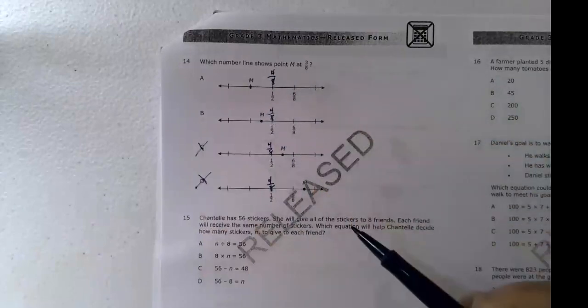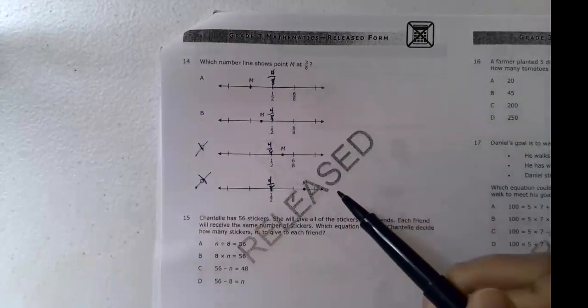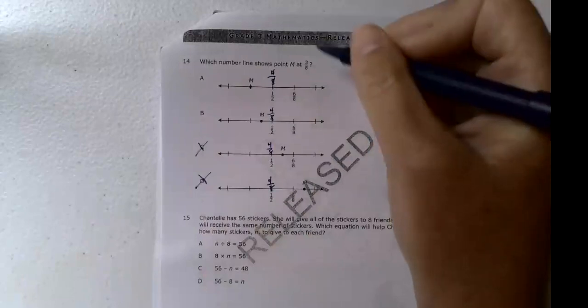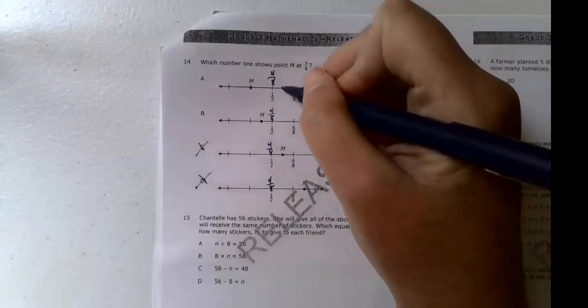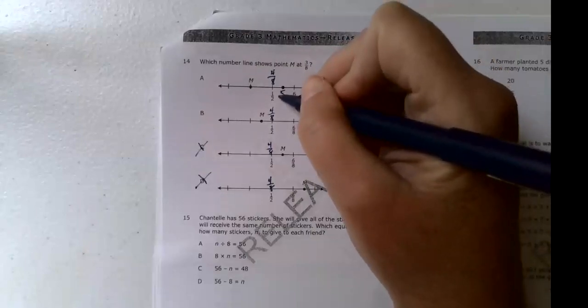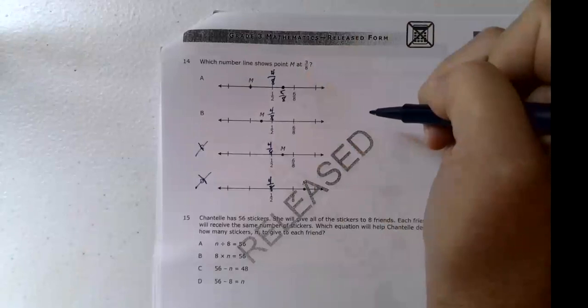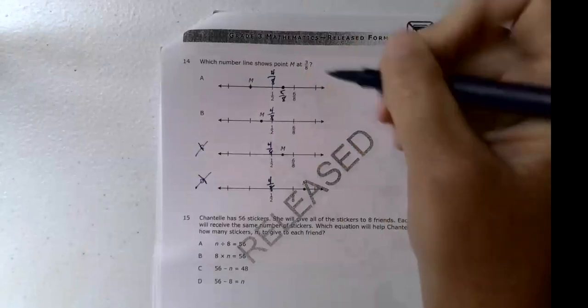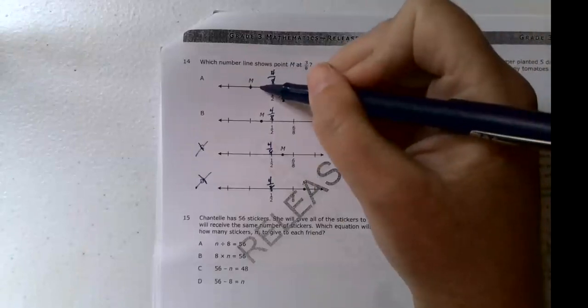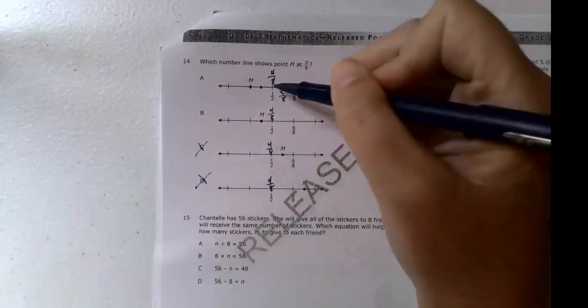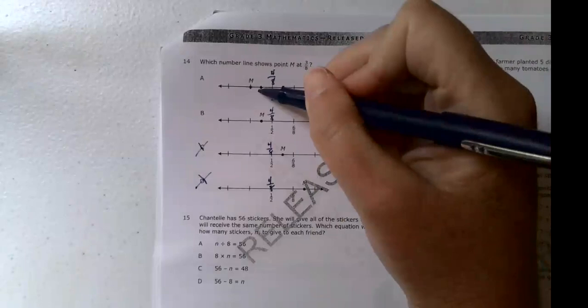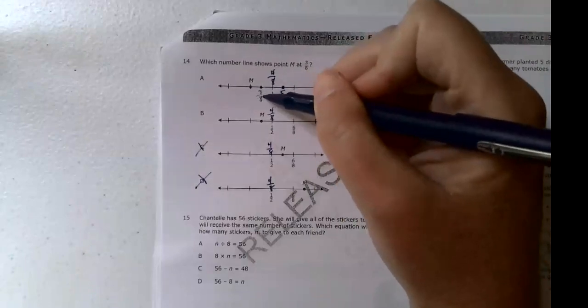So now we just need to determine which one of those M's is at 3/8. A strategy that might help you is to label all of the eighths. So if this is 4/8 and this is 6/8, 5/8 must be here. So that means there must be an eighth in the middle here. And if this is 4/8, this must be 3/8.